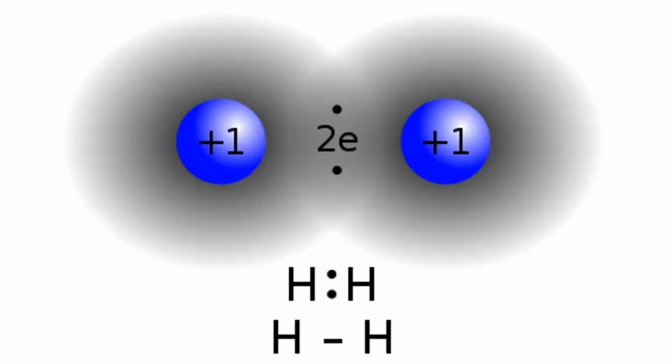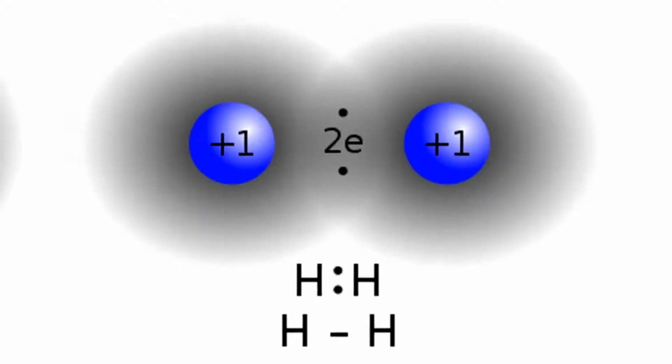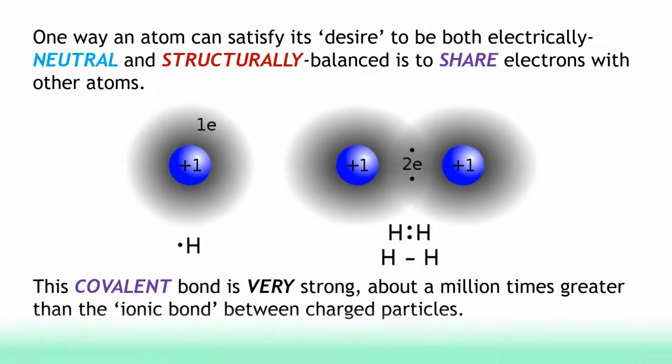The important thing is that in this situation, the hydrogen atom partners with another hydrogen atom to make a hydrogen molecule, which is diatomic. It's made of more than one atom. And so the covalent bond that's produced in this circumstance is very strong. We say covalent, that means it's sharing valence electrons. Like the word cooperate, it means we share.